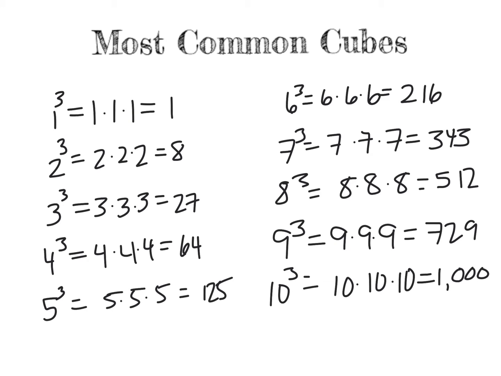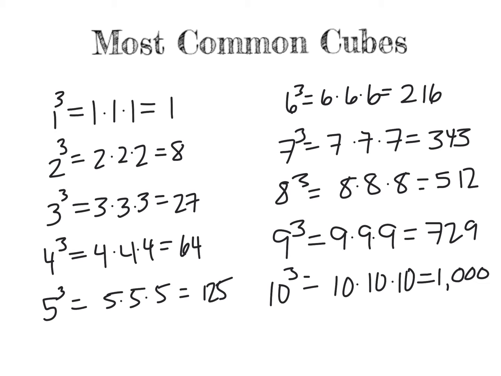First, we want to be able to identify the most common cubes. If you multiply a number by itself 3 times, you will get a product. 1 times 1 times 1, for example, is 1, or 10 times 10 times 10 gives you 1,000. These cubes come from a root number, the cube root of that number, giving you 7 for 343. The cube root of 512 is 8. It's very similar to square roots. With square roots, we find 2 numbers that multiply to give you that number, like 100, for example.